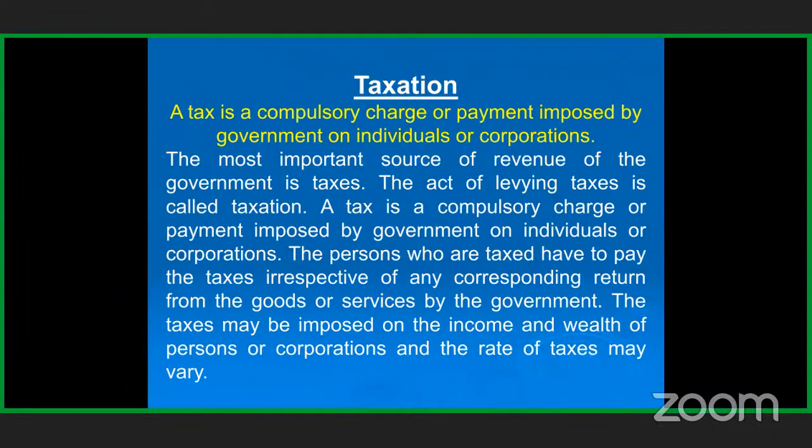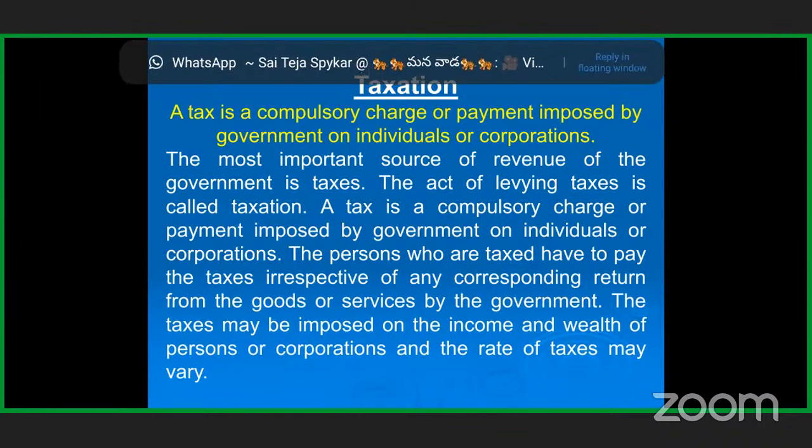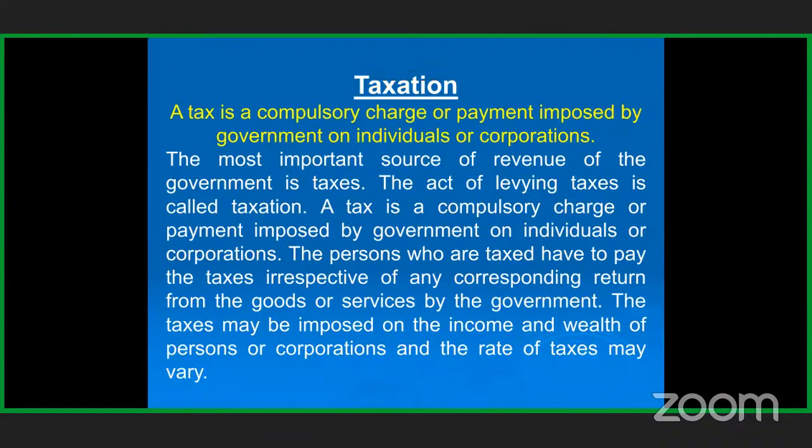The persons who are taxed have to pay the taxes irrespective of any corresponding return from the goods or services by the government. Here, friends, the tax is a compulsory charge. We are saying that a tax is a compulsory charge or payment imposed by the government.